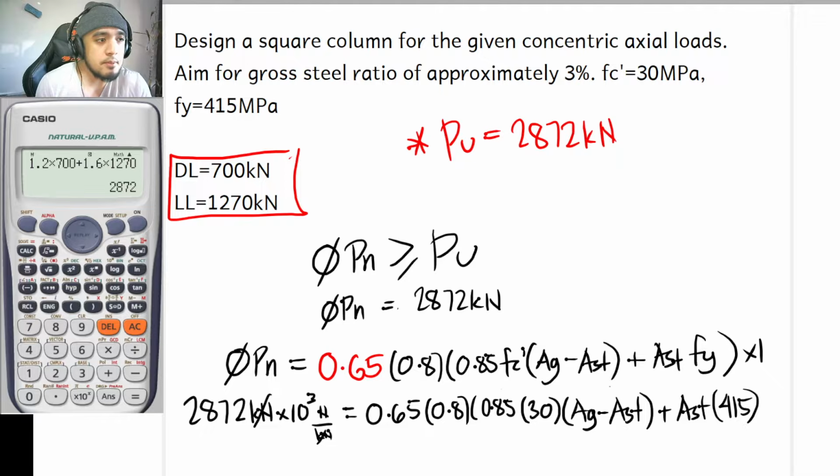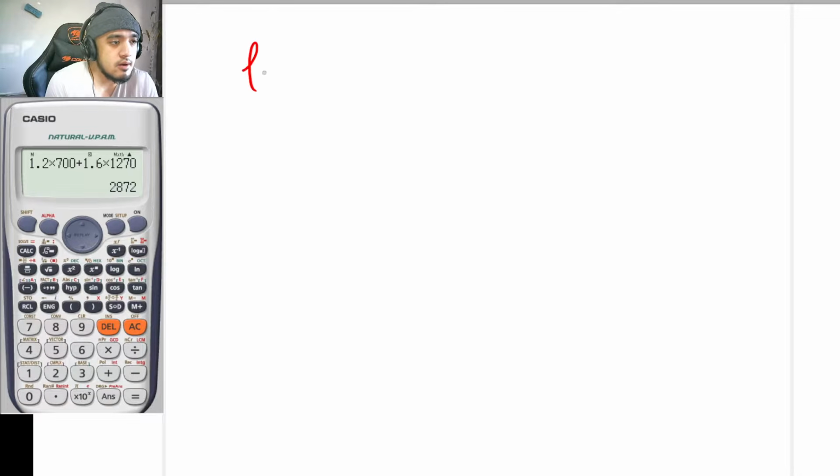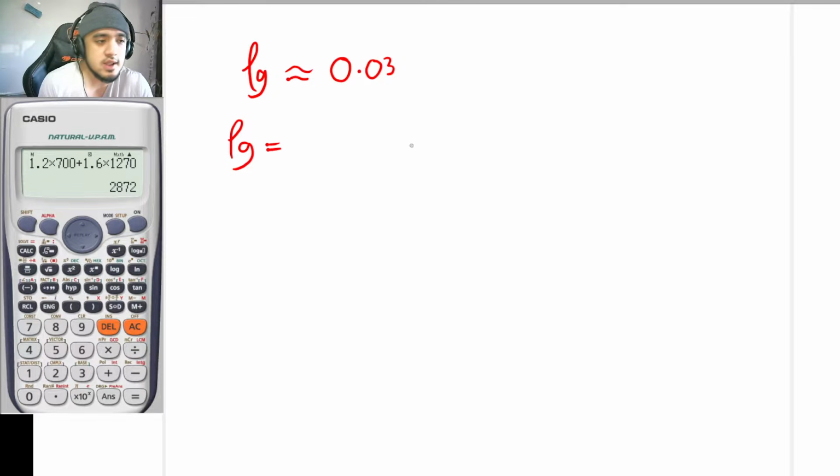Looking at the problem, it is said here that we are aiming for a gross steel ratio of approximately 3%. So once again, our rho G must be around 3%, or 0.03. Rho G is the steel ratio, which is AST divided by the gross sectional area.